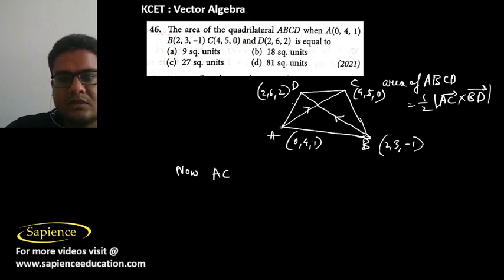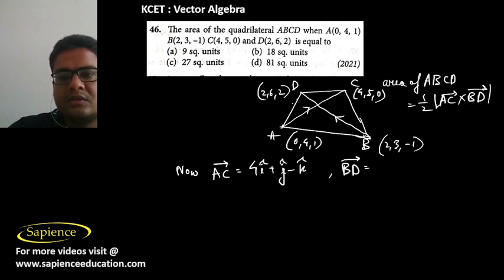Now AC vector is 4 I cap plus 5 minus 4, that is J cap, minus K cap. BD vector is 3 J cap plus 3 K cap.